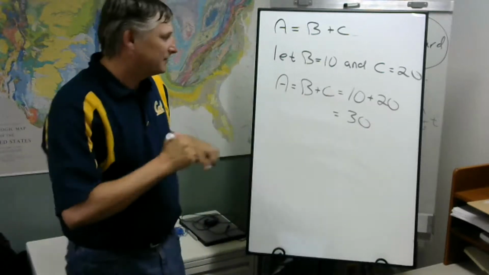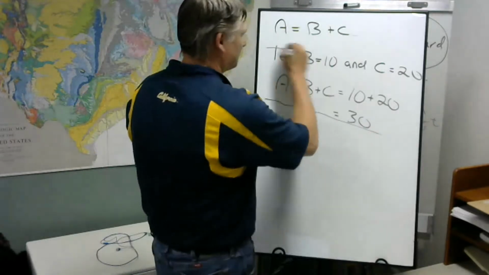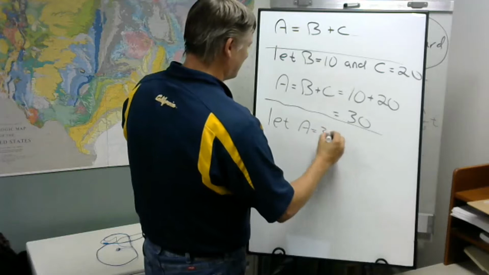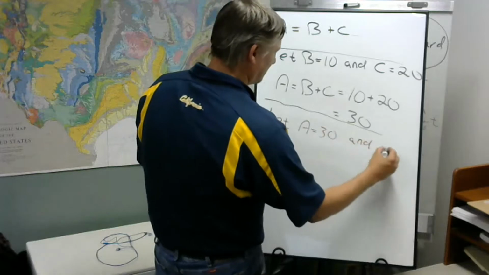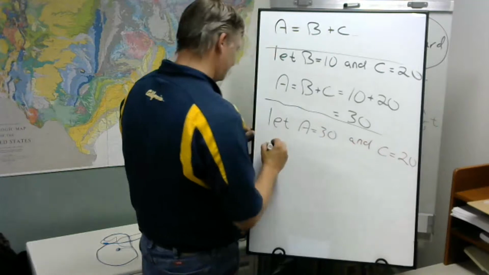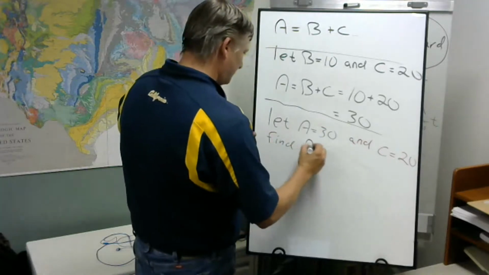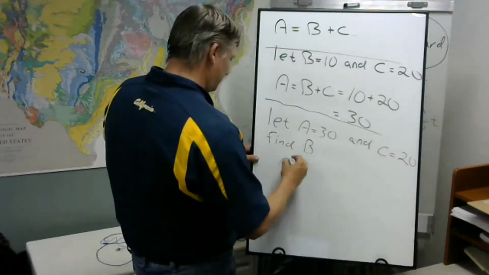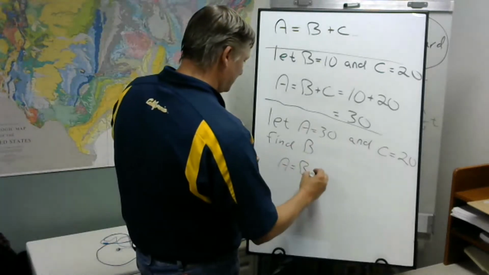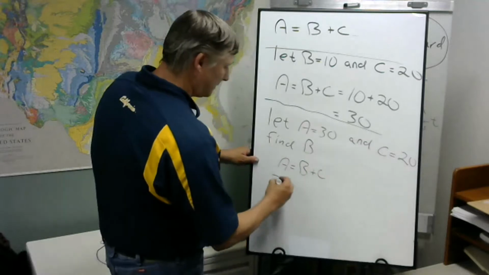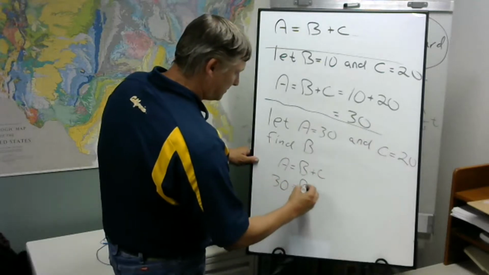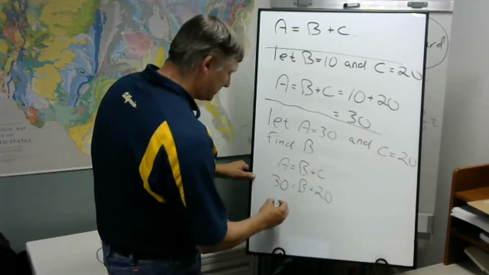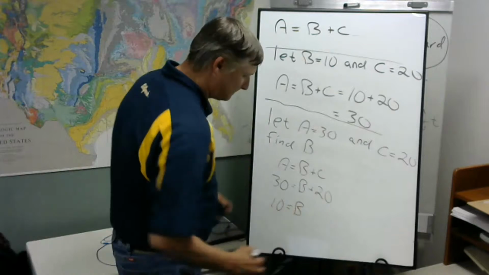Let's say they gave us this situation: A is 30 and C is 20, find B. So what we do, we have our A is B plus C. It's now 30 is B plus 20. Subtract 20 from both sides, we'll get B equals 10.